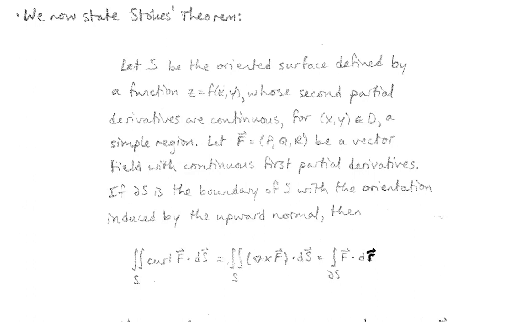So if partial S is the boundary of S with the orientation induced by the upward normal n hat, then, and this is the conclusion of Stokes Theorem, the double integral over S of the curl of F hat dot dS hat, also the double integral over S of del cross F hat dot dS hat, again, curl of a vector field is the same thing as del cross capital F hat, is going to equal the integral over that boundary curve, partial S, of capital F hat dot dr hat.